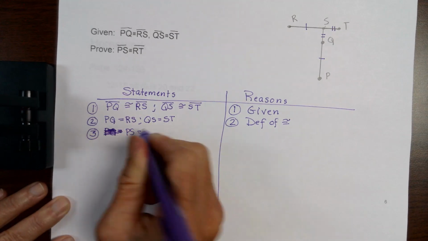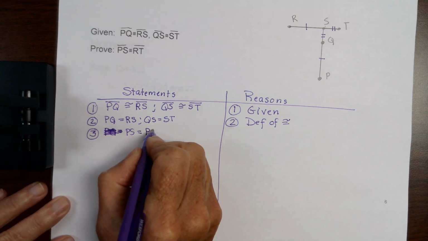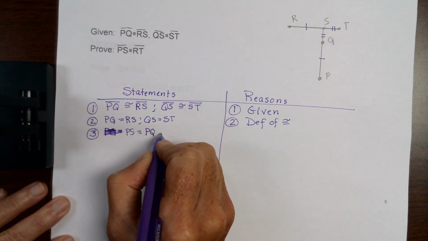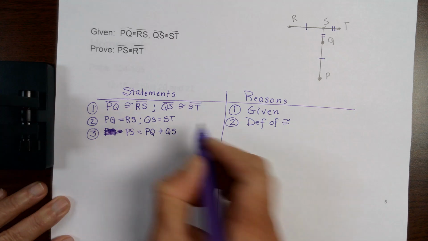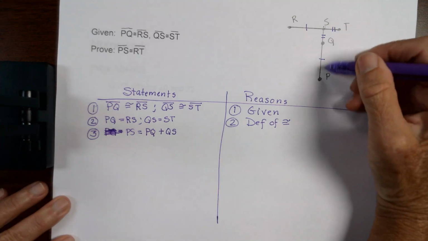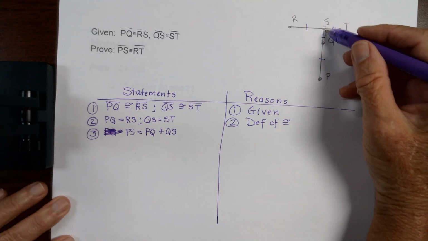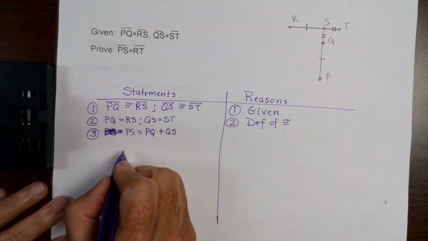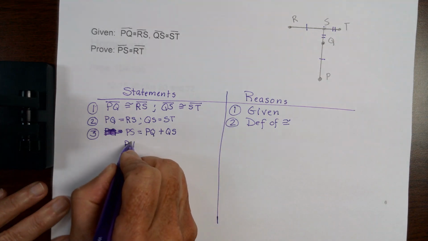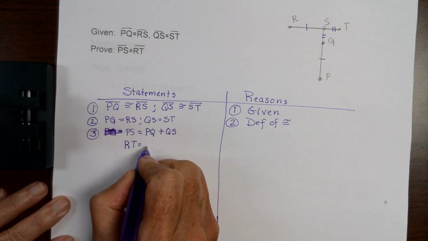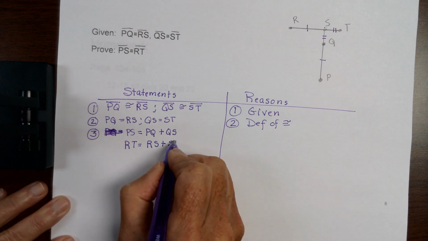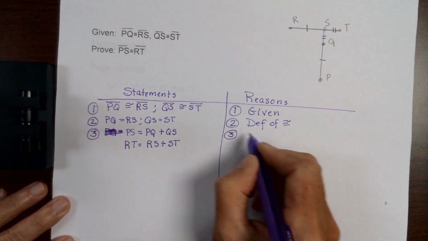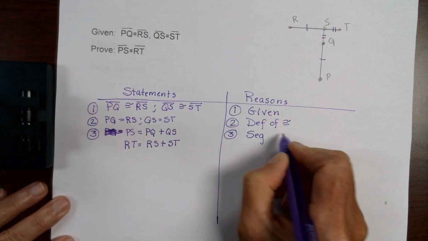PS is equal to PQ plus QS. Okay, this whole thing is equal to this plus this. I can also say RT is equal to RS plus ST. And those are segment addition.